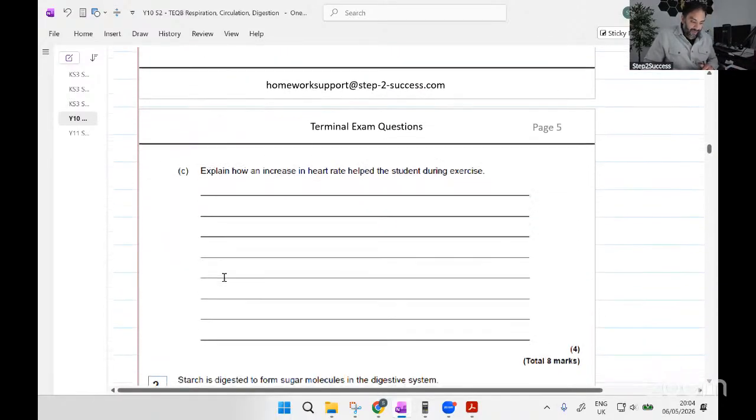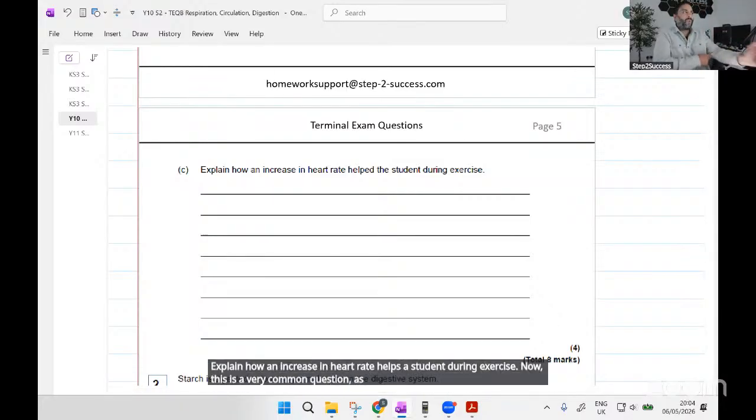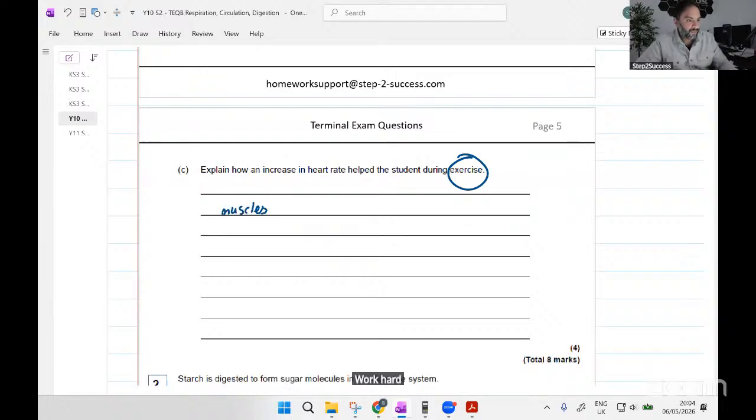Explain how an increase in heart rate helps the student during exercise. Now, this is a very common question, and the answer is basically always the same for this kind of question. How would an increase in heart rate help you during exercise? Well, during exercise, your muscles work harder and use more energy.